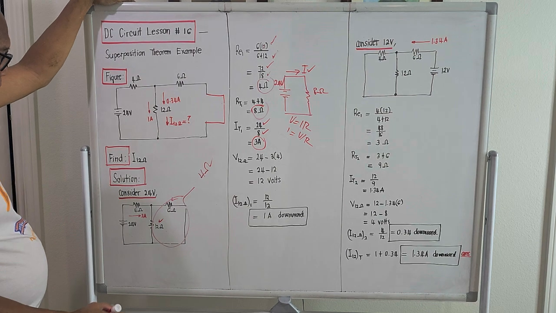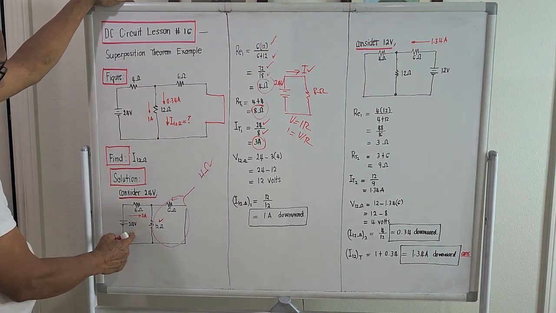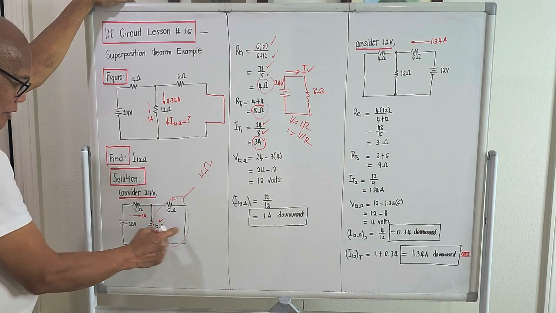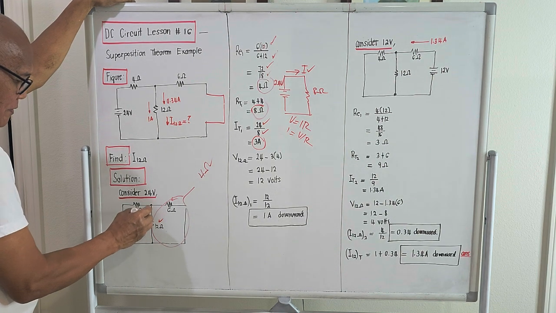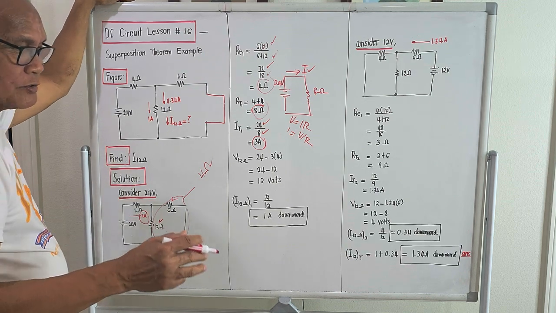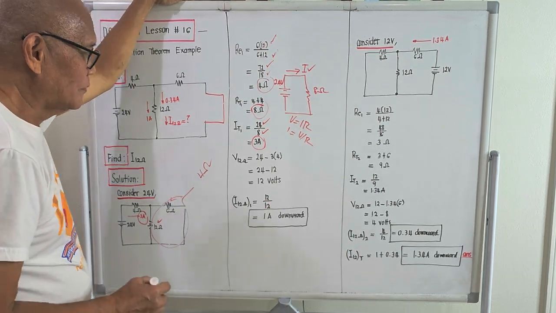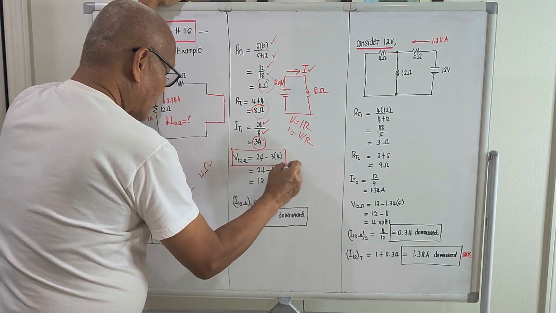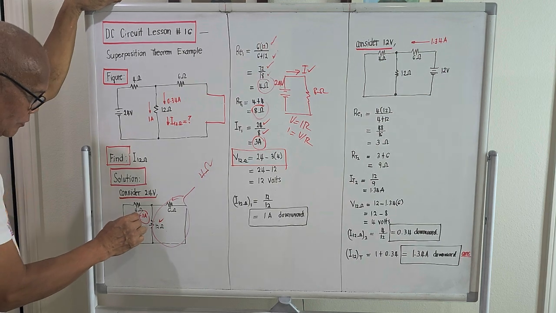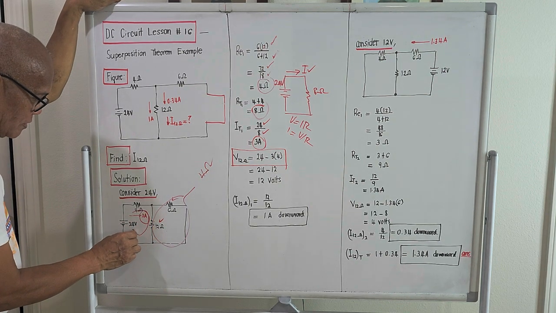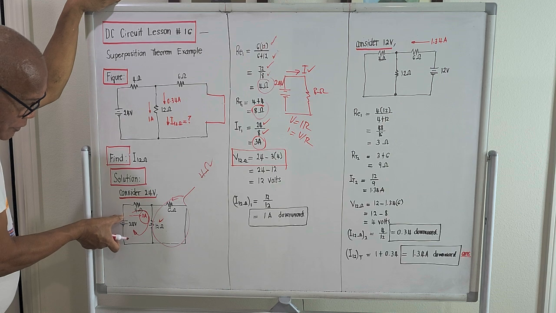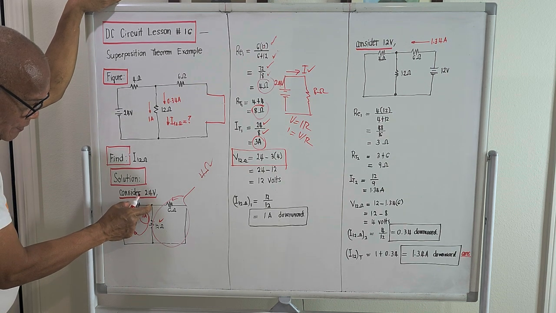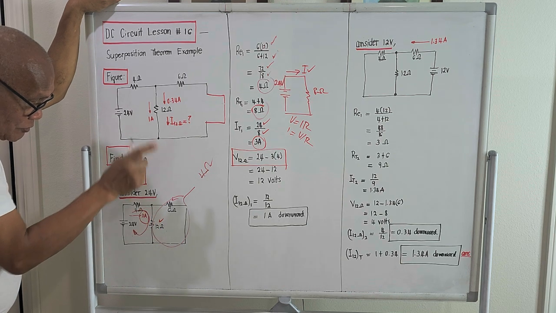So meaning to say, the total current coming from the 24 volt source without the 12 volt will be 3 amperes. By using our knowledge of Kirchhoff's voltage law, this will be the resulting equation. If we take the summation of the voltages across this loop, 24 volts, minus the voltage drop here, minus the voltage drop here, should be equal to 0.